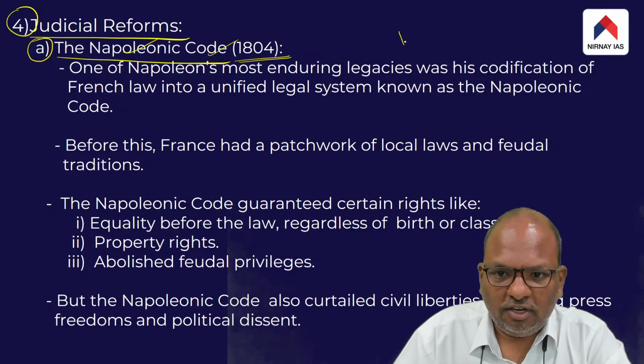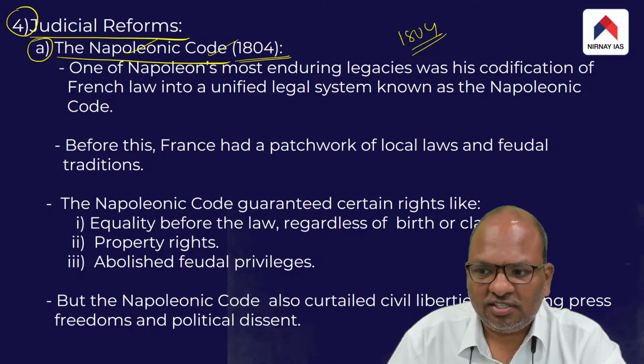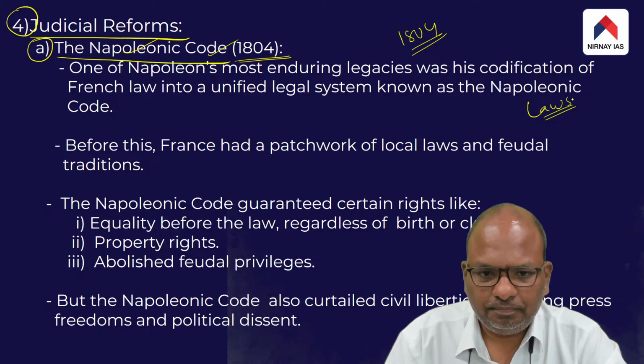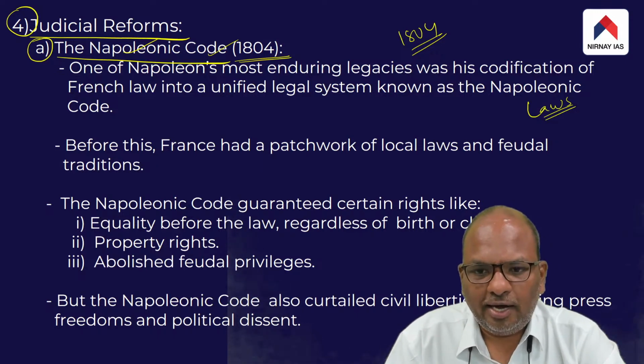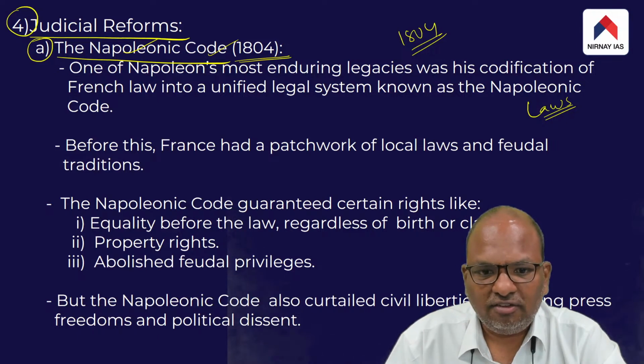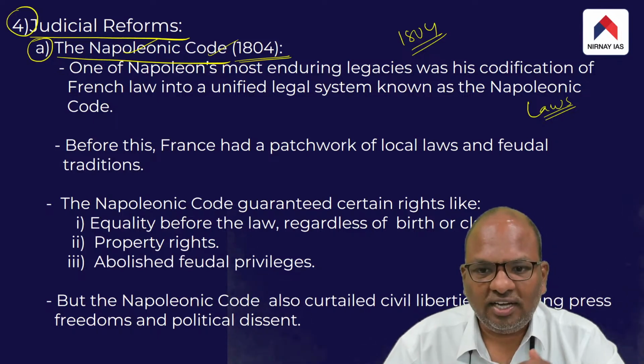Prior to 1804, there were numerous laws within France. What was lawful in one area was termed unlawful in another area of France. That was the kind of laws that were in place before 1804.